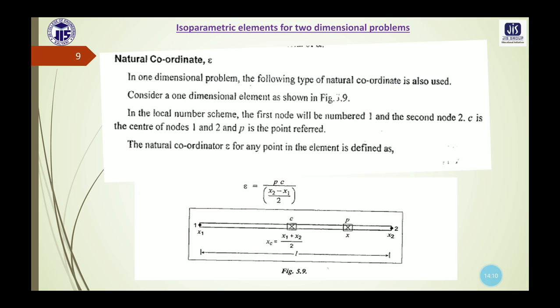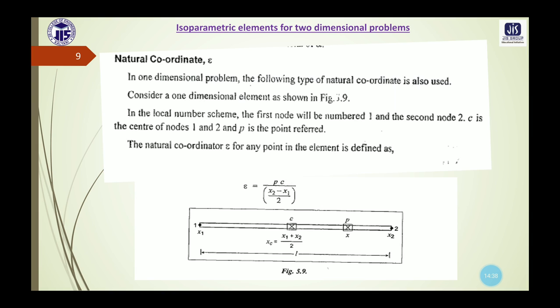In the local numbering scheme, the first node is number 1 and the second node is number 2. C is the center of nodes 1 and 2 and P is the point referred. As C is the center of nodes 1 and 2, xC equals x1 plus x2 by 2.